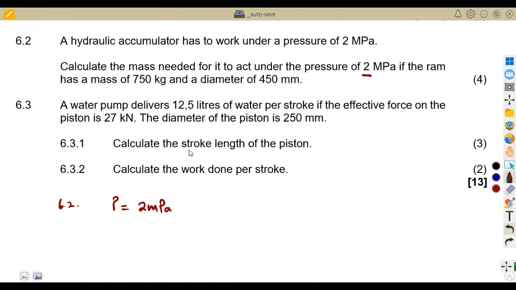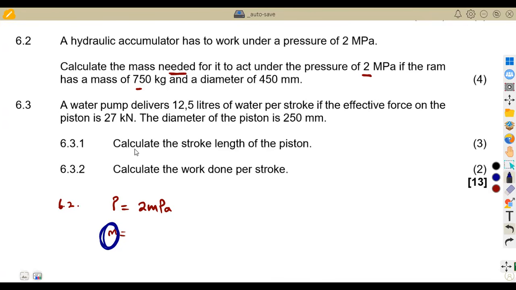All right, so we take note here, we need the mass that is going to be needed. But we already have the mass of the ram in this case, so what is this mass that is needed? What is it representing? Where is it coming from?